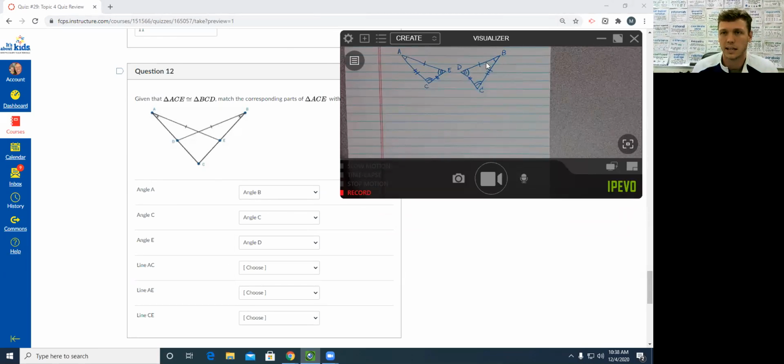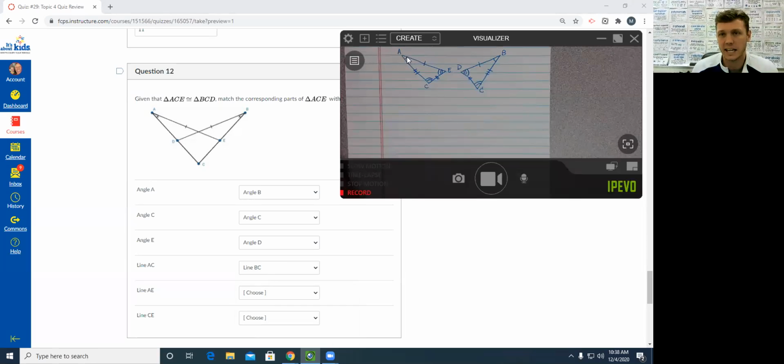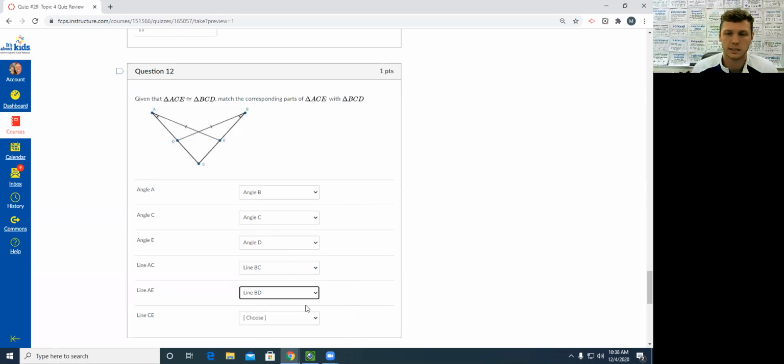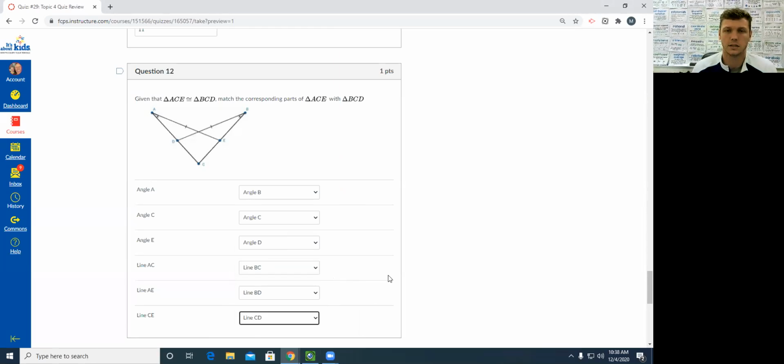Line AC is right here. Okay, it corresponds to BC. E is this one right here, the one tick mark. It corresponds to BD. Right, and the last one, CE, corresponds to CD.